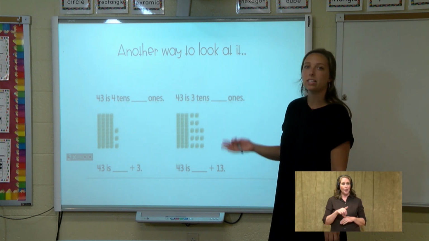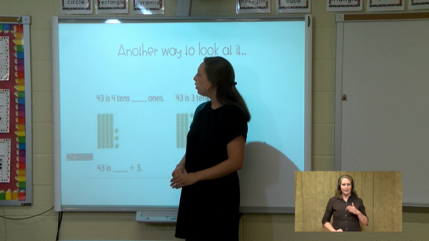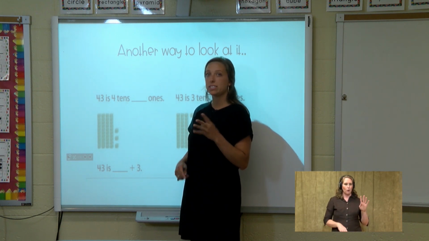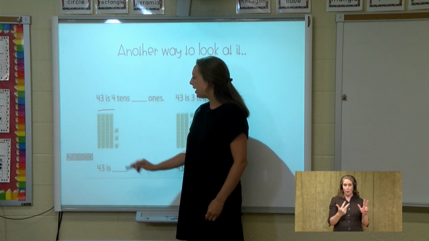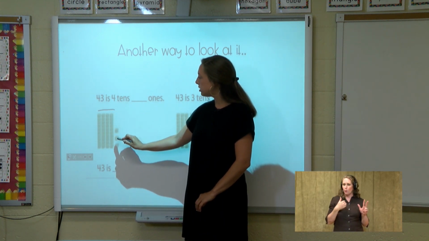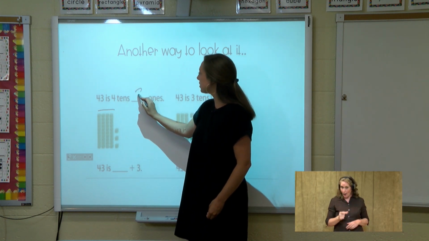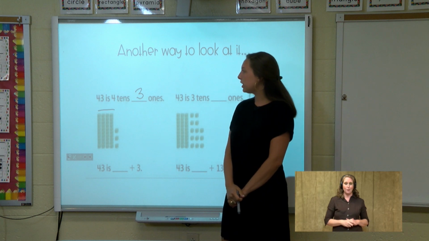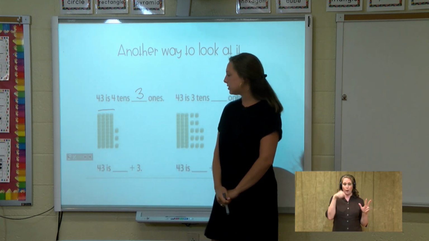Another way to look at 10 more or 10 less. Look at this example. 43 is 4 tens and how many ones? So they already gave us our 4 tens. How many ones do we have? 1, 2, 3. Did you have 3? 3 is the correct answer. 43 is 4 tens and 3 ones.